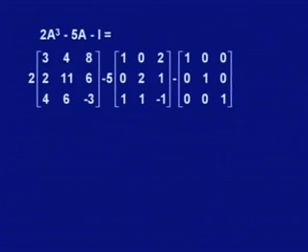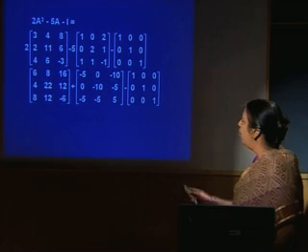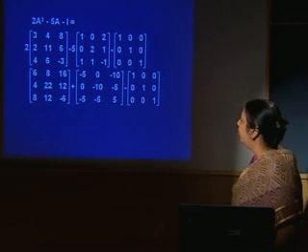Once I have computed A cube, the values can be substituted in this. So, I have 2 times the value of A cube minus 5 times A and the identity matrix of order 3. 2 multiplied by A can be computed as 6, 8, 16 in the first row, 4, 22 and 12 in the second row, 8, 12 and minus 6 in the third row.